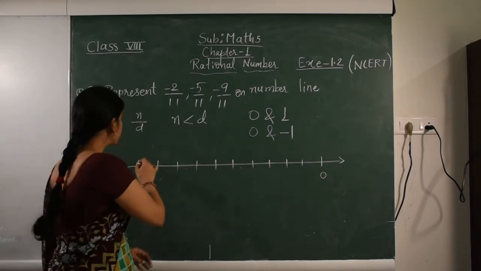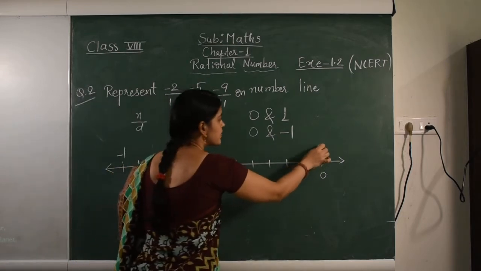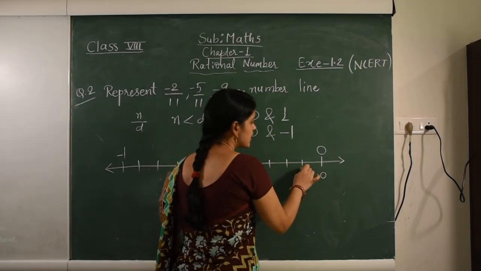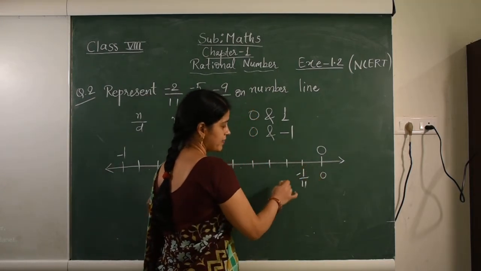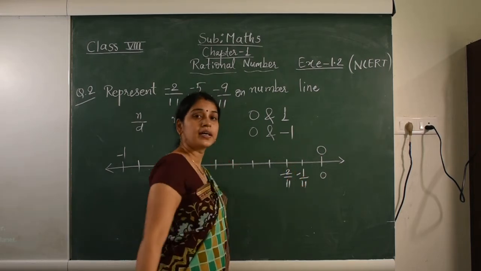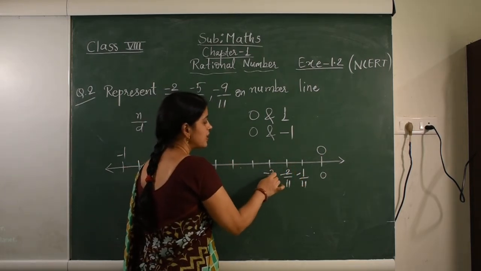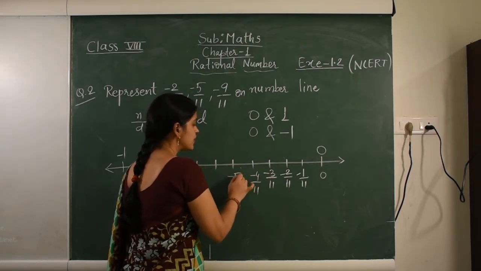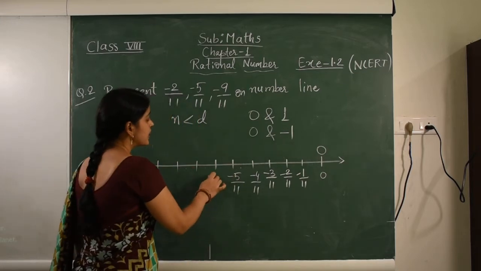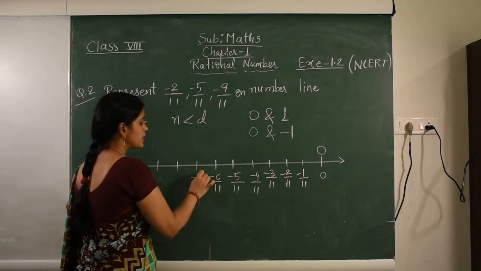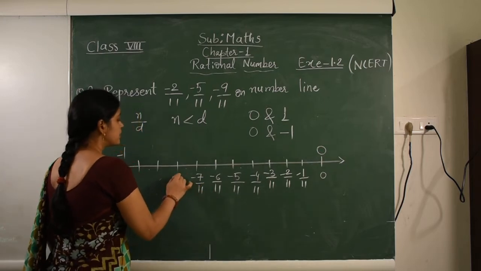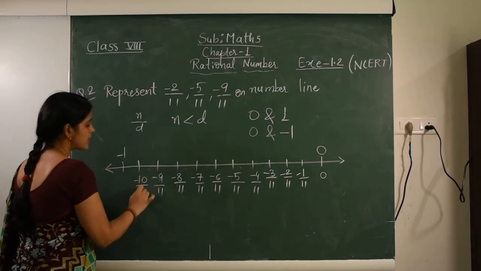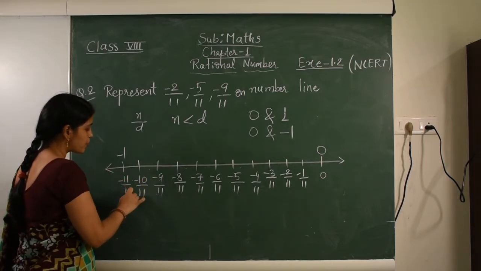Now you have to show the numbers here. These numbers are between 0 and minus 1. So the first number is minus 1 upon 11, second is minus 2 upon 11, then minus 3 upon 11, minus 4 upon 11, minus 5 upon 11, minus 6 upon 11, minus 7 upon 11, minus 8 upon 11, minus 9 upon 11, minus 10 upon 11 and minus 11 upon 11.